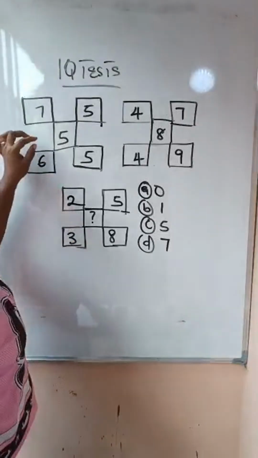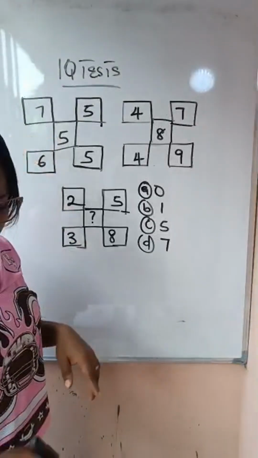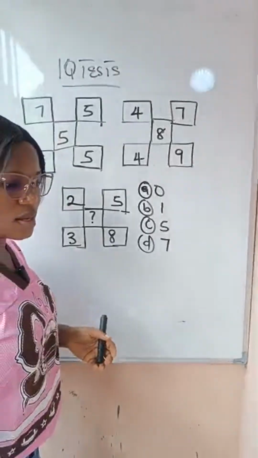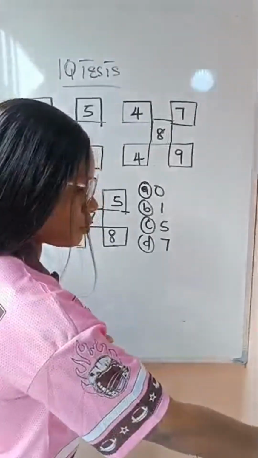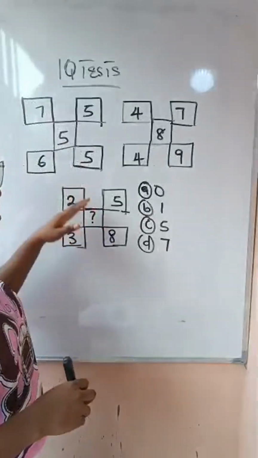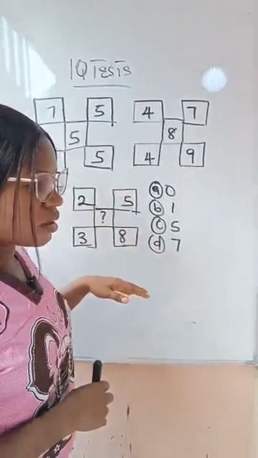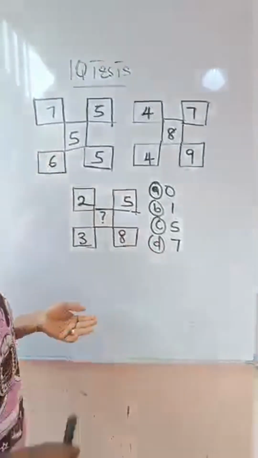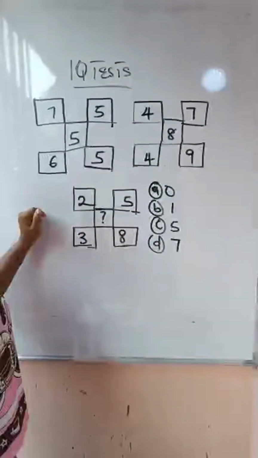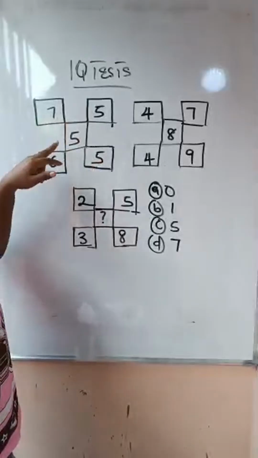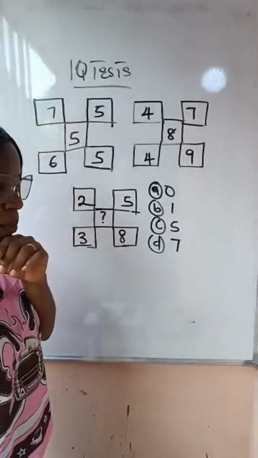Like I said, this middle number is telling us that there is a relationship between these numbers and the middle number. So the first thing we need to figure out is what relationship these numbers have with the number in the middle.